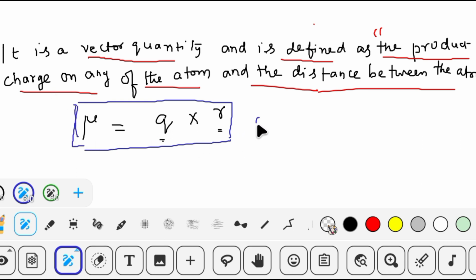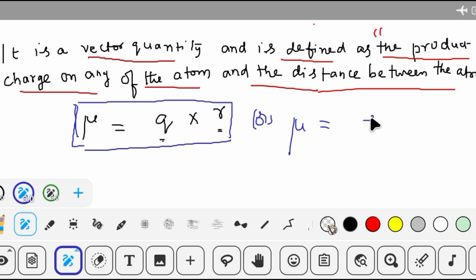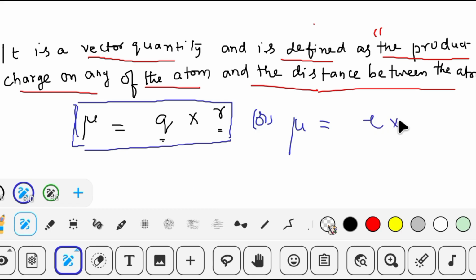Sometimes in different books they may give it in a different way: mu is equal to E into D. What is this E?